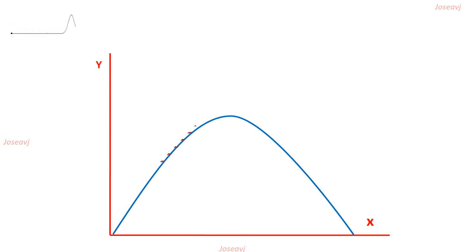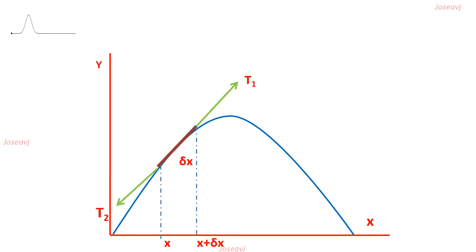Now consider an elementary section of the string of length delta x, which is lying at a distance of x and x plus delta x from the fixed end. Let T1 be the tension acting on one end of the elementary section of the string and T2 be the tension acting on the other end.